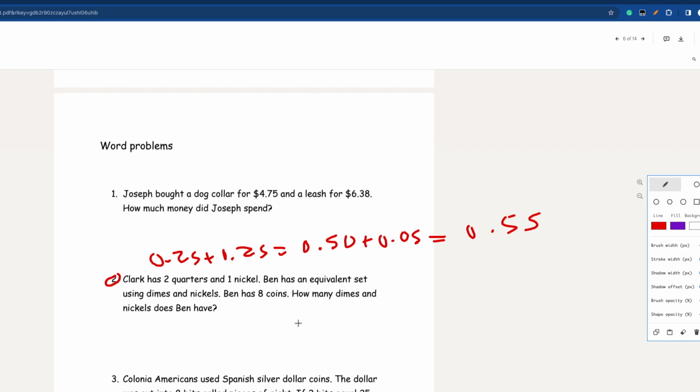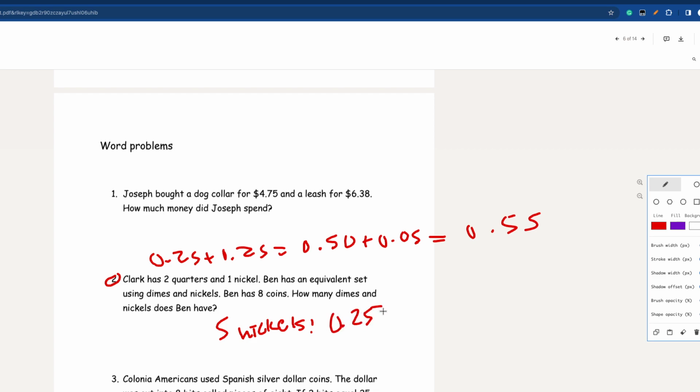Ben has an equivalent set, so I'm looking for 55 cents. I know that 5 nickels equal 25 cents.